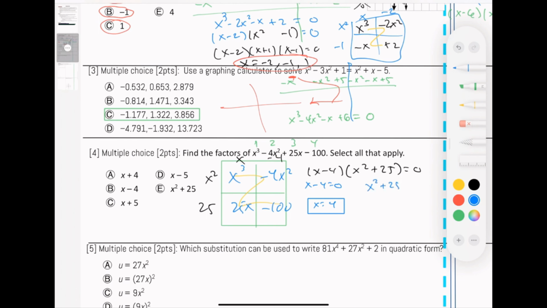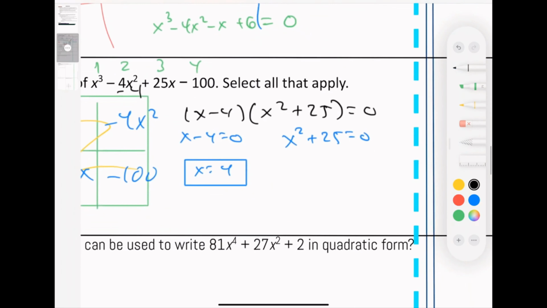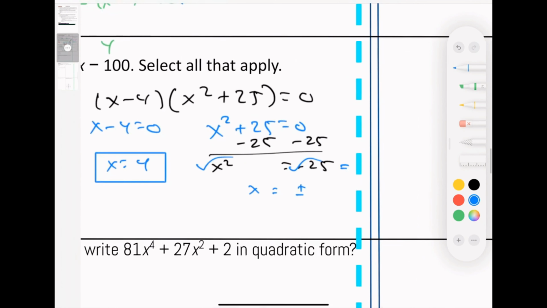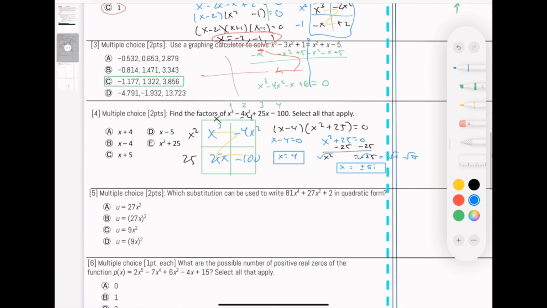I'm going to set this one equal to 0 and then solve by square root method by getting the c value to the other side. Don't forget, it's going to be plus or minus square root of -1 times square root of 25, so that would be 5i. Okay, so that would be x equals 4 or x minus 4, and x squared plus 25.